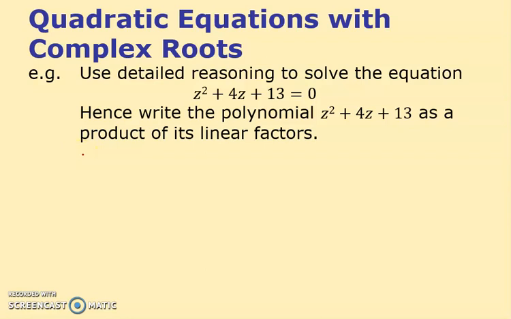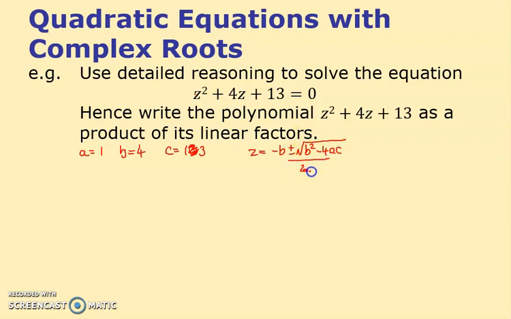So we can quite easily say, we've got a equals 1, b equals 4, c equals 13, and therefore z equals minus b plus or minus the square root of b squared minus 4ac, all divided by 2a.